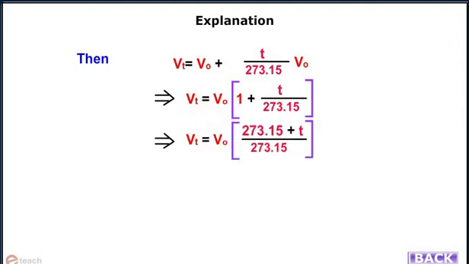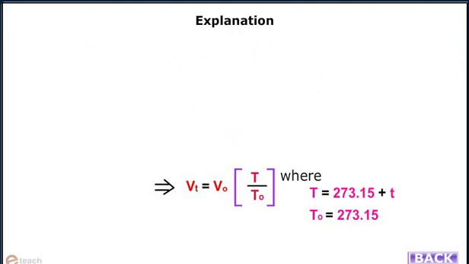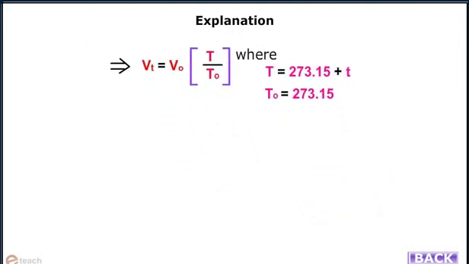This gives Vt equals V0 into 273.15 plus t by 273.15. This implies Vt equals V0 T by T0, where capital T equals 273.15 plus t, and T0 equals 273.15.